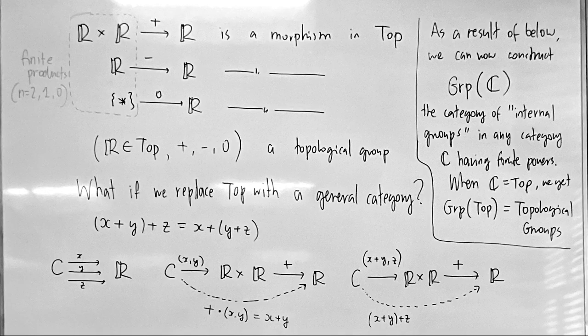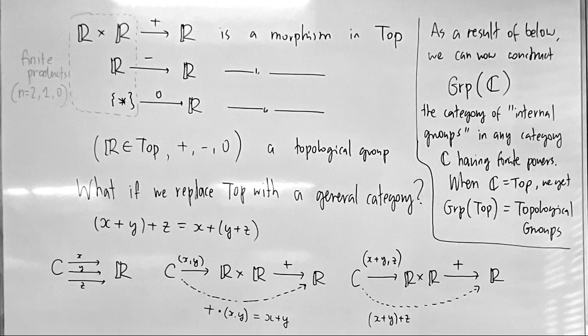The fact that these are morphisms in the category of topological spaces is what takes care of continuity of the 3 maps. But the whole point of doing this is to be able to do something similar for a general category, not just for the category of topological groups.